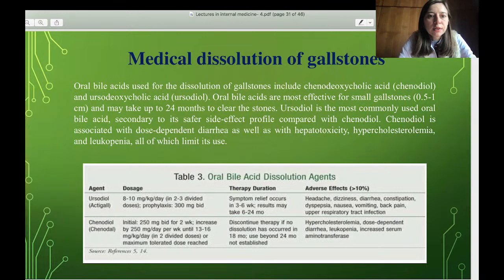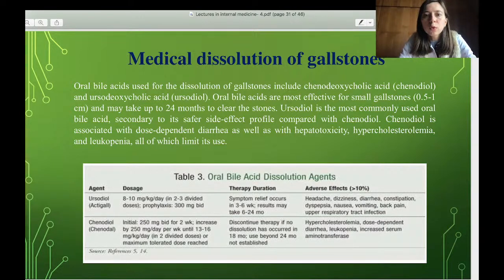Oral bile acids used for the dissolution of gallstones include chenodeoxycholic acid and ursodeoxycholic acid. Oral bile acids are most effective for small gallstones and may take up to 24 months to clear the stones.